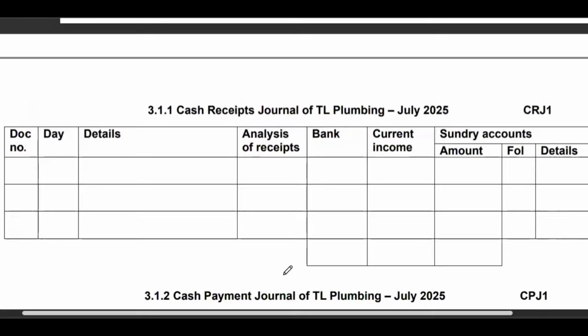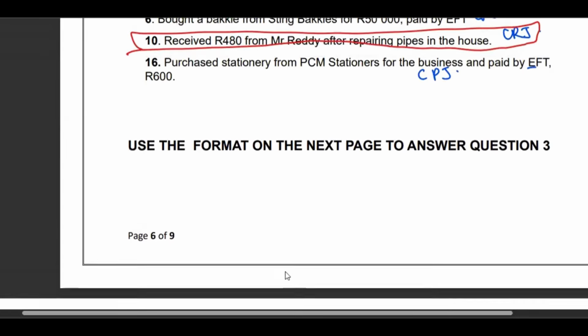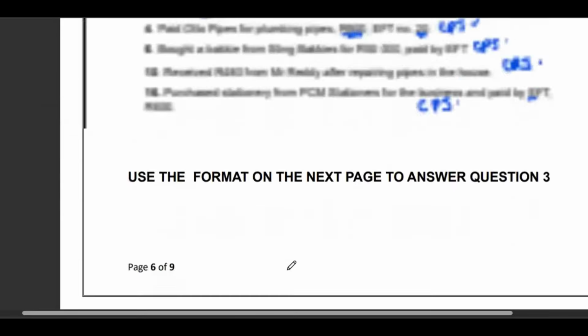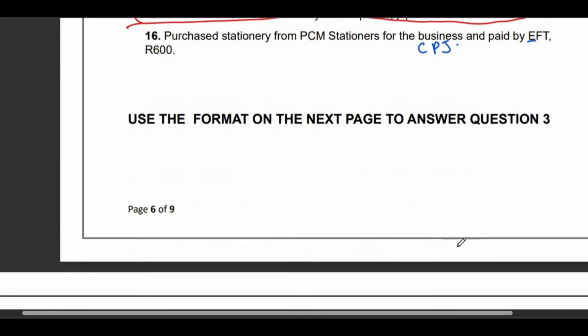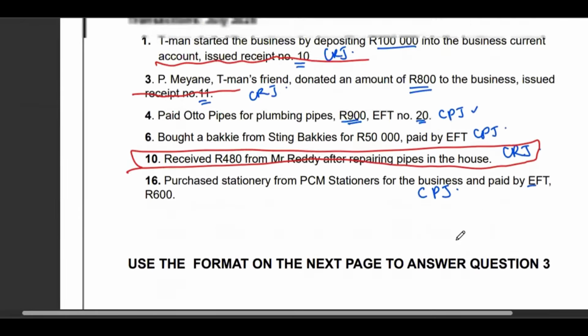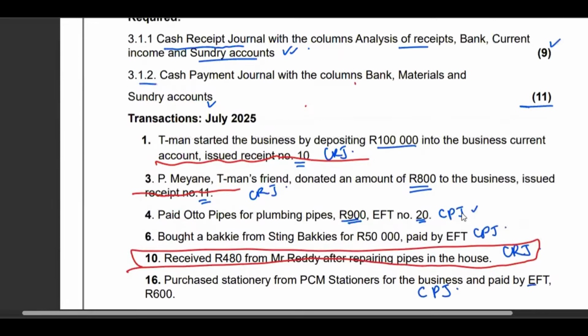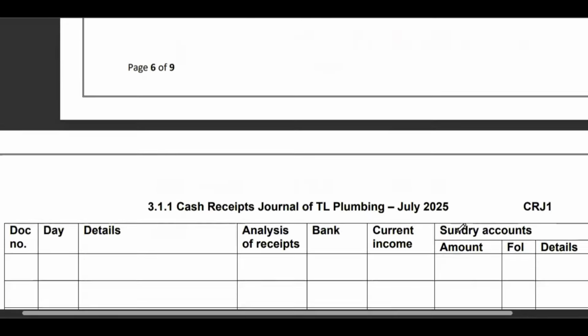So document number 1, with the first document under the CPJ, the cash payments. No, is it CPJ or CRJ? This is the cash receipt, so which means we're talking of the CRJ. So receipt number 10. Okay, that is document number 10.